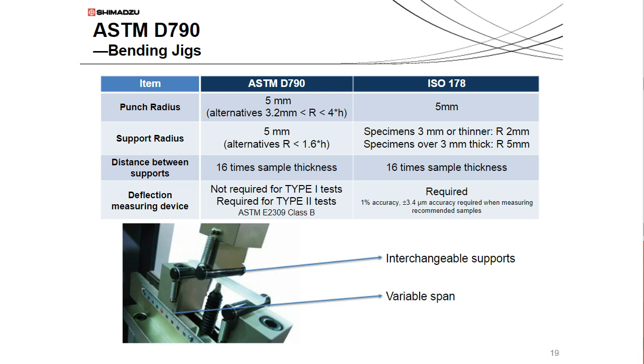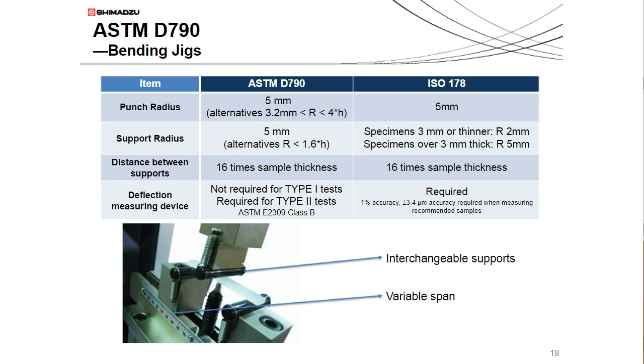It does say that the punch radius should never be smaller than the specimen thickness itself or greater than 4 times the specimen thickness. ISO, in contrast, suggests an R5 punch, and either R2 or R5, that's a radius of 5 millimeters, supports depending on the specimen thickness.